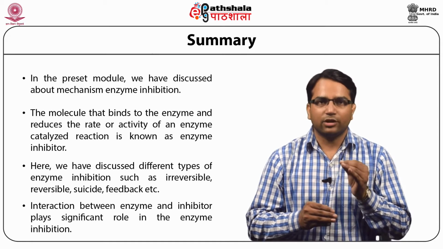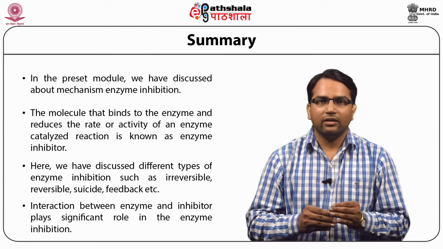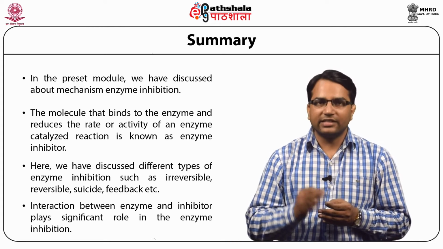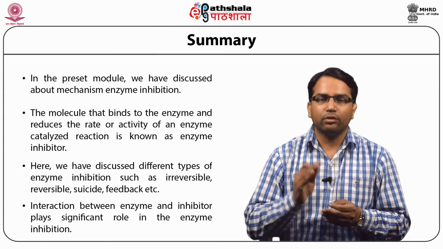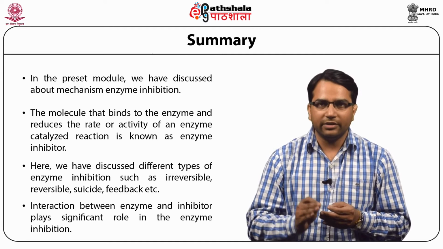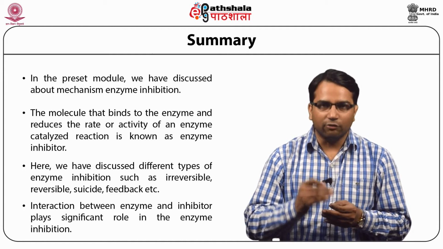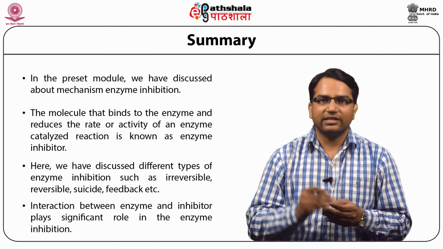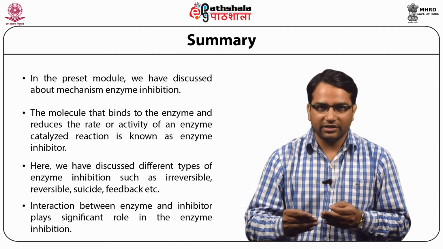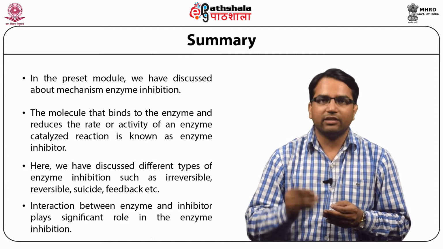Then we discussed suicide inhibition, where the inhibitor is itself a prodrug or pro-inhibitor, which is not an inhibitor, but because of mechanism-based conversion, that prodrug is converted into an active inhibitor, so it will inhibit a particular enzyme.